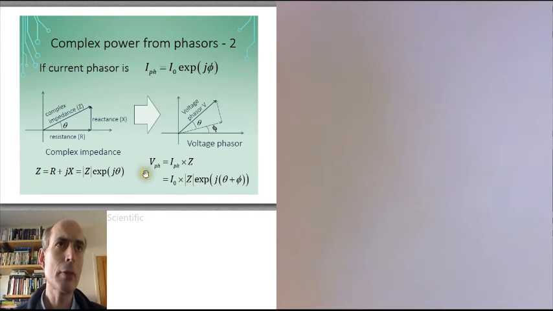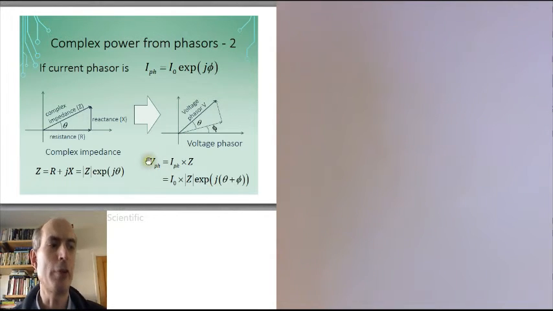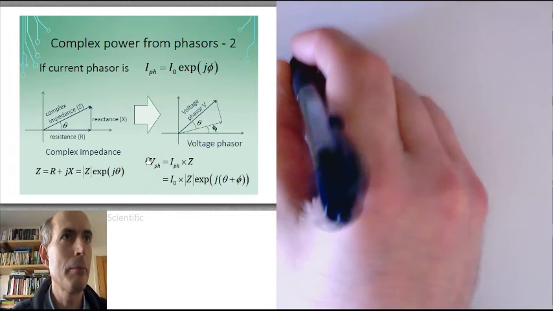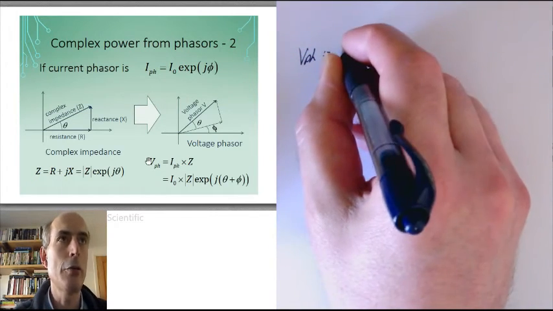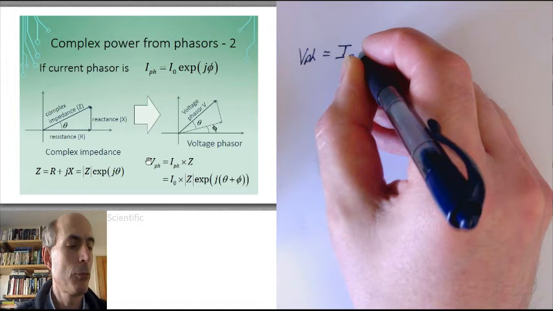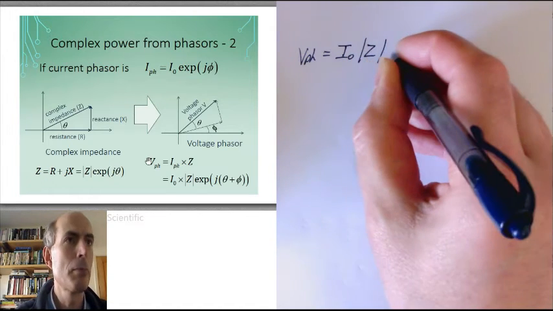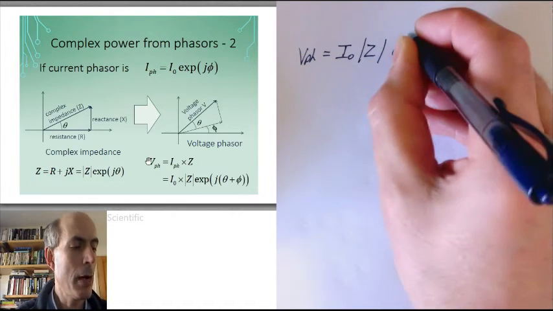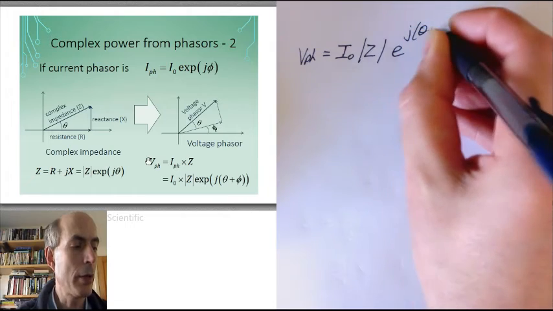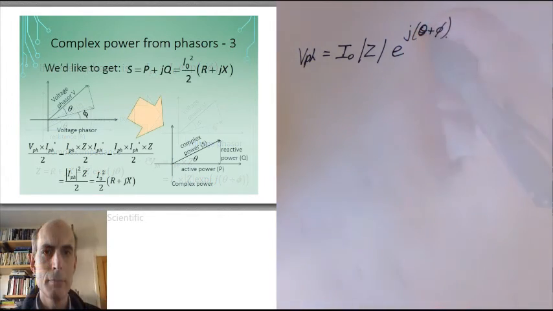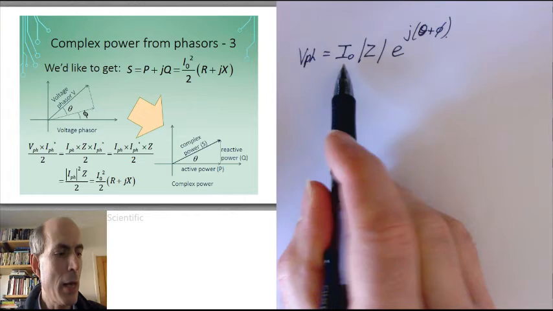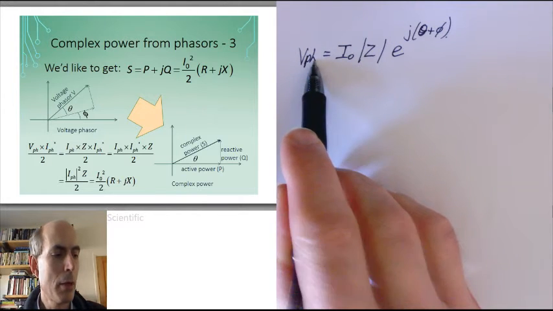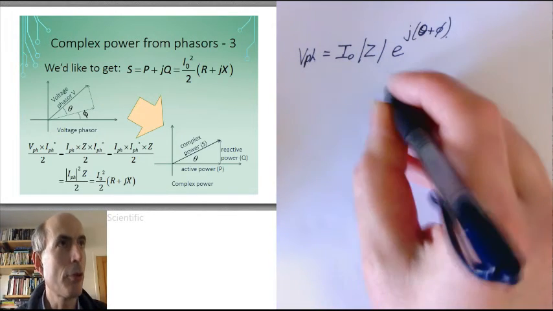That gives me a voltage phasor, which is given by the current amplitude times the complex impedance Z multiplied by e to the power of j theta plus phi. Now, if I just multiplied that voltage phasor by my current phasor, I would end up with this.